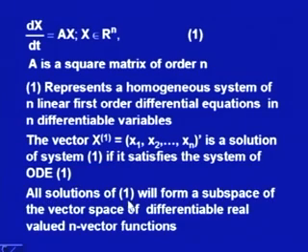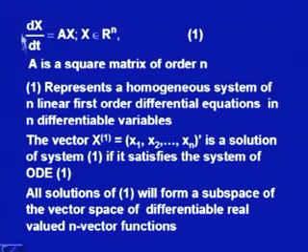All solutions of 1 will form a subspace of the vector space of differentiable real valued n vector functions. If you look at this solution, what is x1? x1 has to be a function of t, it has to be a differentiable function. x2 also has to be a differentiable function, because all these are to be substituted here. If any of them is not differentiable, then you cannot say that it is dx by dt.